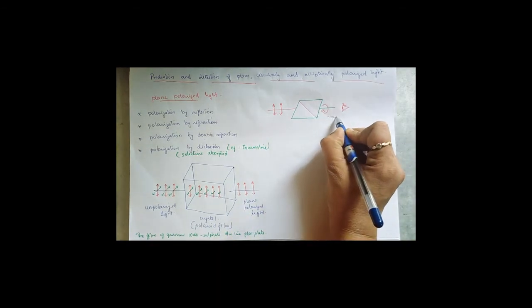That is, this intensity varies from maximum to minimum or 0. In this way we can understand that plane polarized light emerges from the crystals.